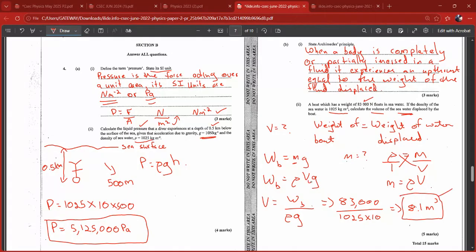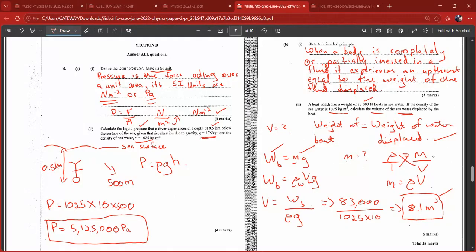This is really the volume of the water, because the weight of the boat is equal to the weight of the water displaced. The weight of the water is also mass by gravity.